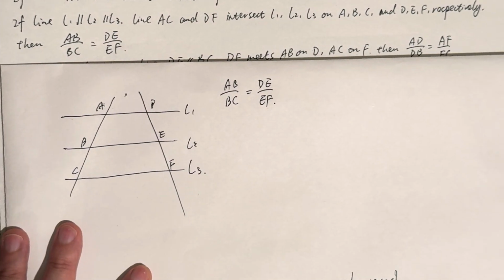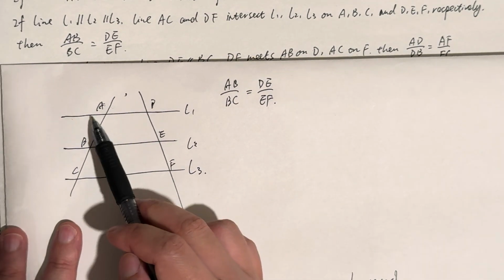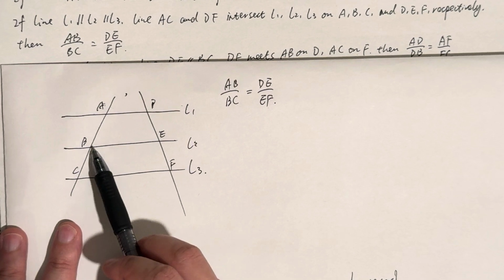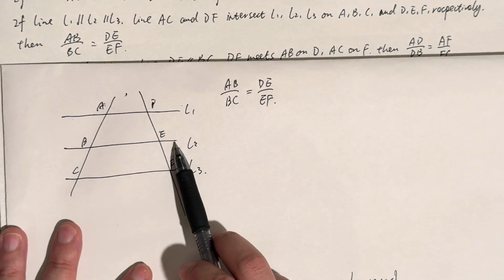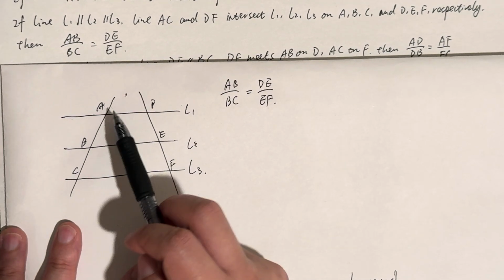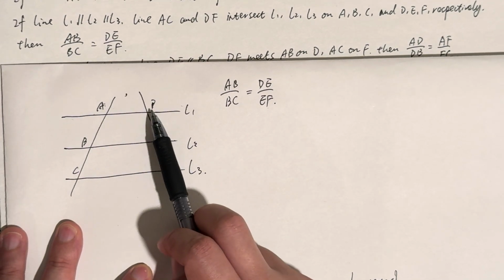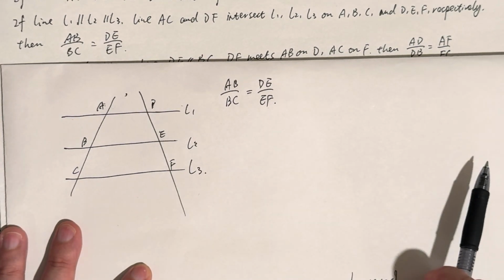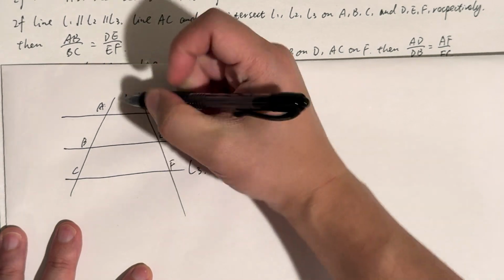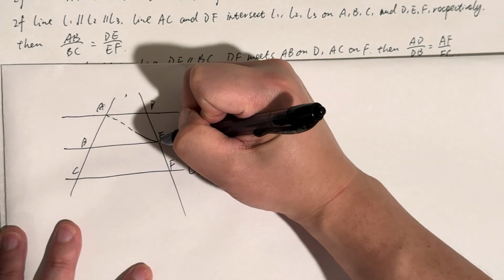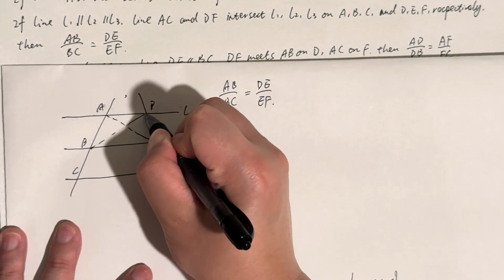Now we think about what we just learned, right? If AD is in parallel with BE, that means the area of triangle ABE equals the area of triangle DBE, right? So we connect AE here, we connect BD here.